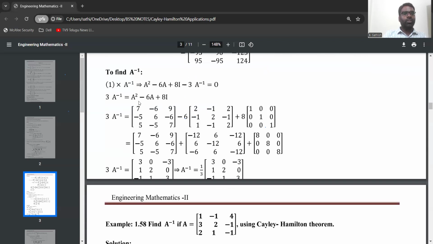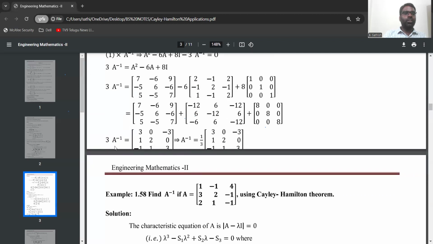So substituting a square value, the matrix from the above, and again minus 6 into, I mean, simply multiplying the matrix with minus 6, we'll get minus 12, minus 1, minus of minus plus 6, next to minus 12, next to minus into minus plus 6, next to minus 12, next to minus of minus plus 6, third row minus 6 plus 6 minus 12, and multiplying this last matrix, identity matrix with 8, we get 8 0 0 0 8 0 0 0 8.